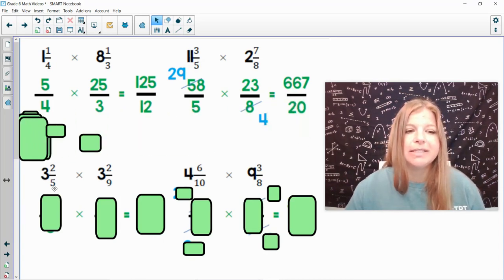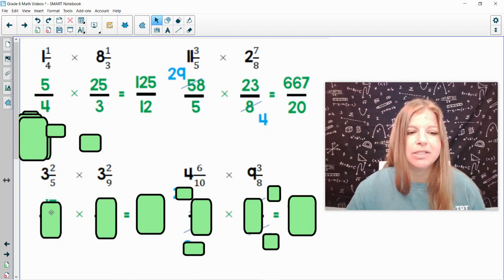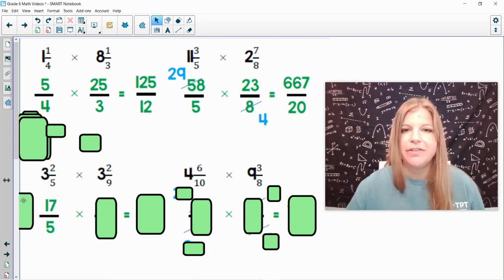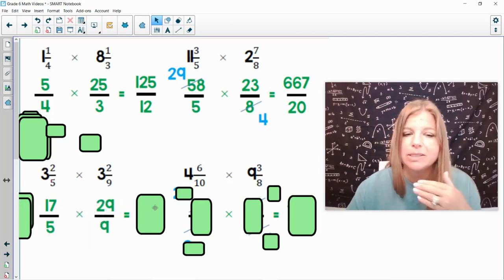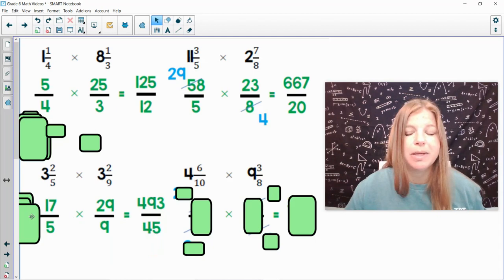3 and 2/5. 5 times 3 is 15, plus 2 is 17, so that's 17/5. 9 times 3 is 27, plus 2 is 29/9. Cross multiply these. Multiply straight across with these. We end up getting 493/45.